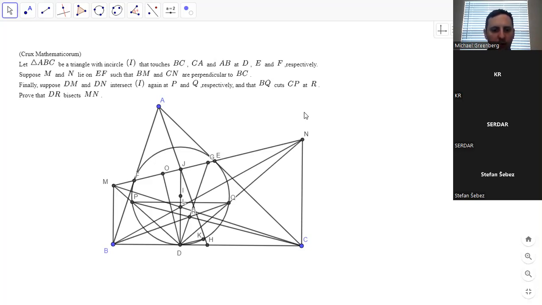I feel like we're close. Thinking just projective geometry. Maybe we could let DR intersect PQ and do something with that.